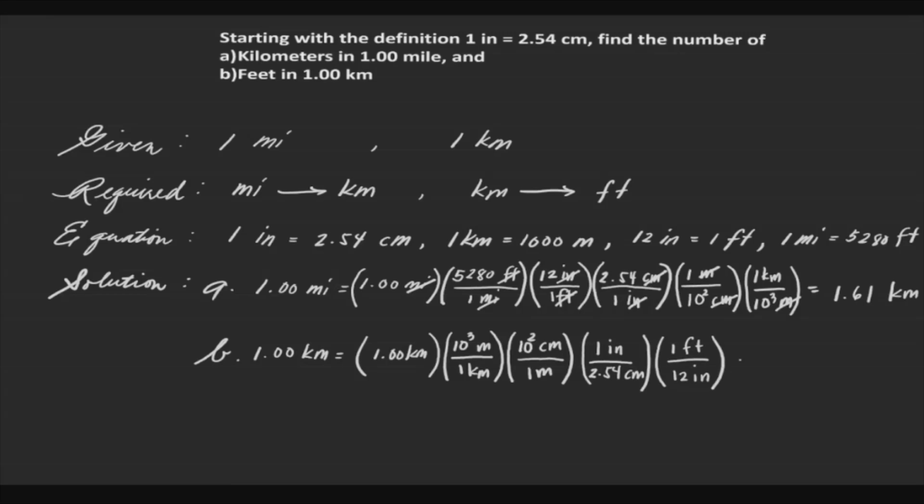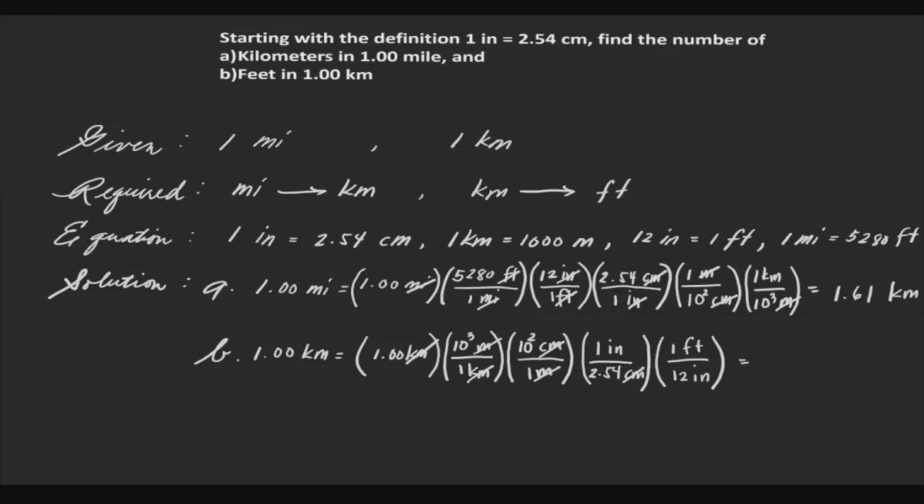For every 1 foot, we have 12 inches. So we are going to multiply 1 times 10 to the power of 3 or 1,000 meters divided by 1 kilometer. Cancel out the unit kilometers. And we multiply 10 to the power of 2 centimeters or 100 centimeters divided by 1 meter. Cancel out the unit meter. Next, we are going to multiply 1 inch and then divide it by 2.54 centimeters. Cancel out the unit centimeters.